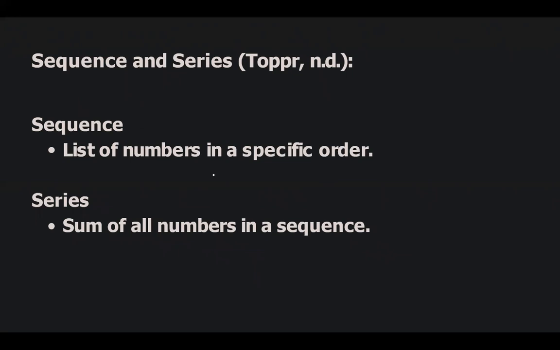According to the site that I used to research the topic, sequence is a list of numbers in a specific order, so there is a pattern. Then series is the sum of all numbers in a sequence, so you're going to add them all. All right, so that's it.